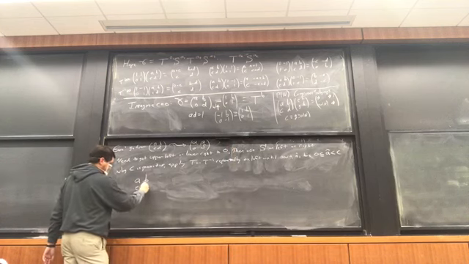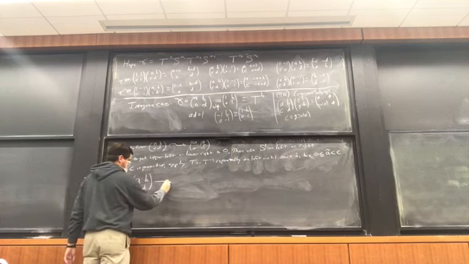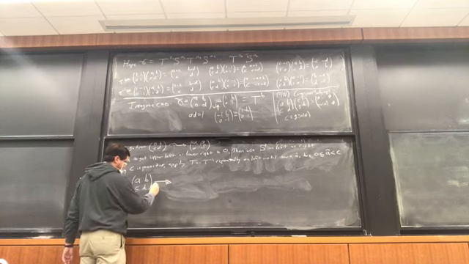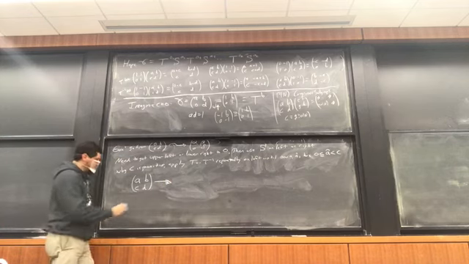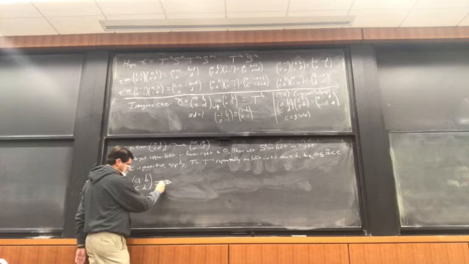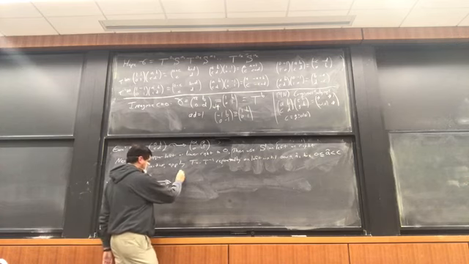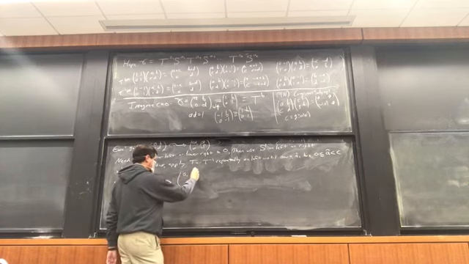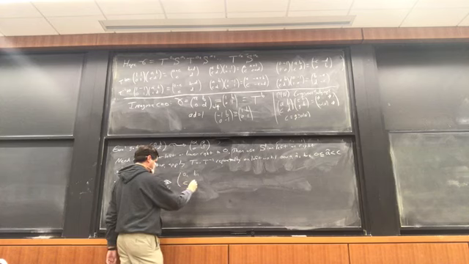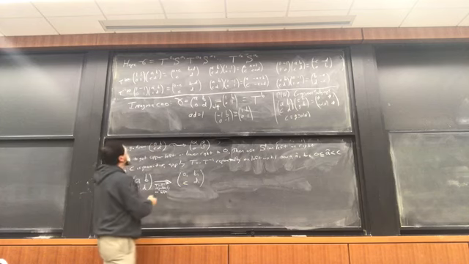So now we know A, B, C, D. We apply a bunch of T's, T or T inverse repeatedly on the left. And now we get, let's call it A1, B1, C, D1.